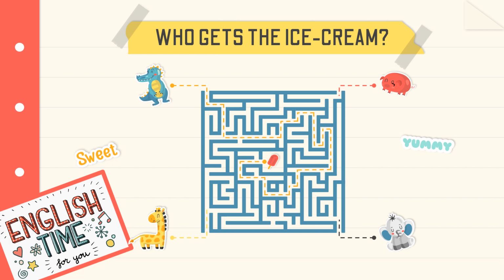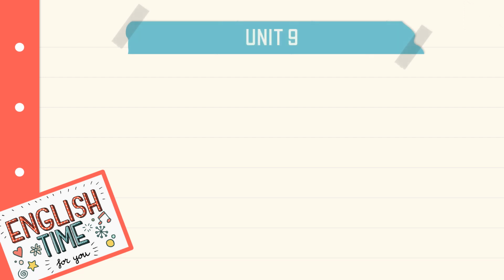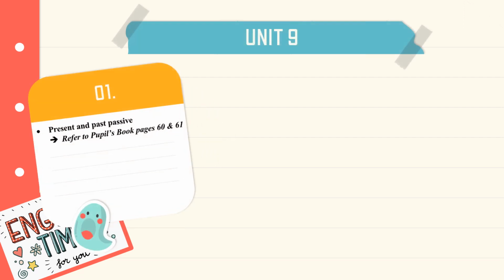Okay, grade 5. Now let's move on to unit 9. Unit 9. Read all about it. There are 3 stops in unit 9. The first stop is present and past passive. Look at your pupil's book, page 60 and 61.